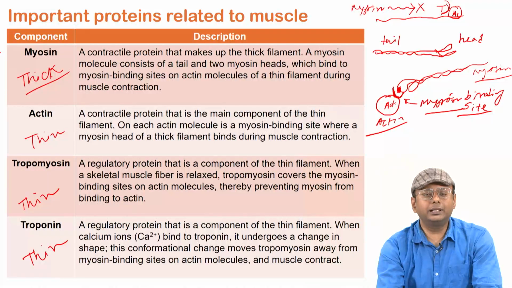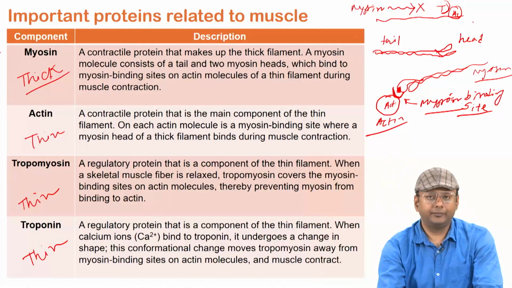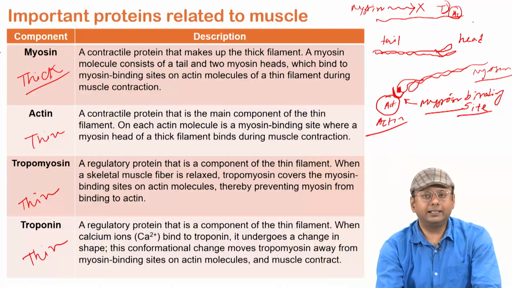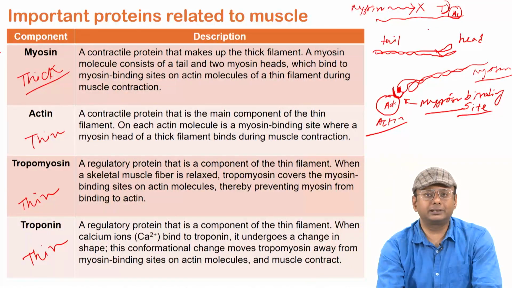So this tropomyosin is a regulatory protein that blocks the binding site of the myosin to the actin. And then the last one is the troponin, which is also a regulatory protein present in the thin filament.